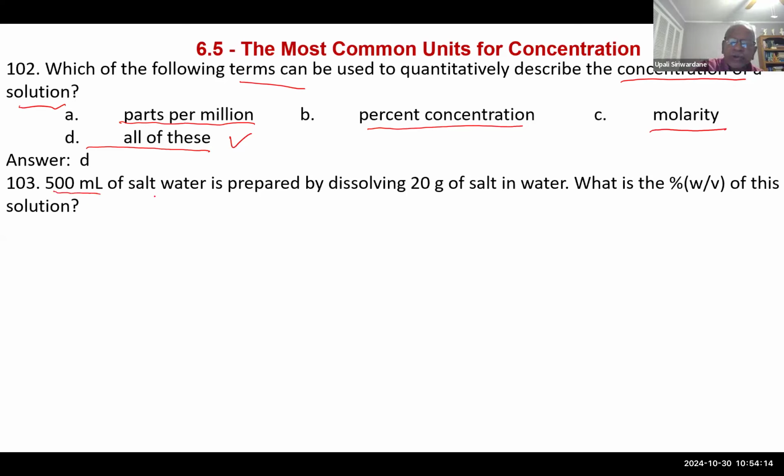"500 milliliters of salt water is prepared by dissolving salt in water. What is the weight by volume percent for the solution?" So this part is the sodium chloride.